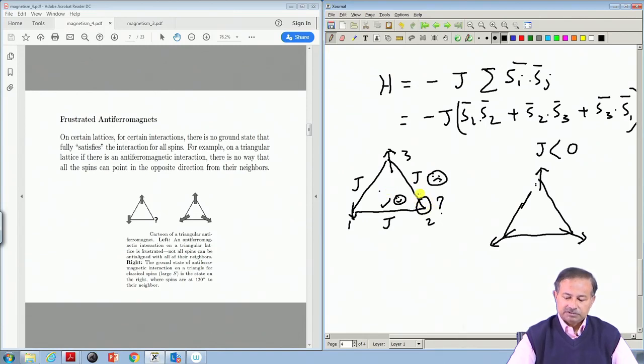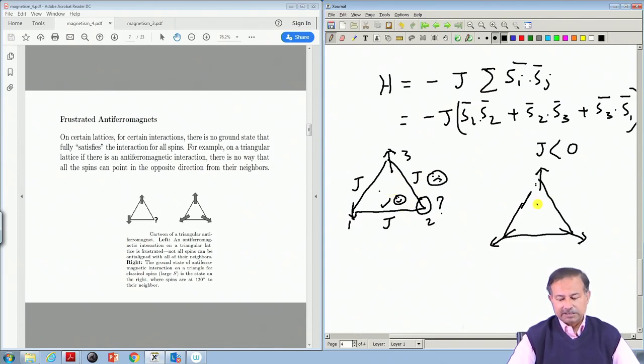This spin basically has both the states which are degenerate. So, it is a doubly degenerate state. If you put up spin, this will be dissatisfied. If you put down spin, this will be dissatisfied, and the energy is the same. So, this is a doubly degenerate state which is frustrated.